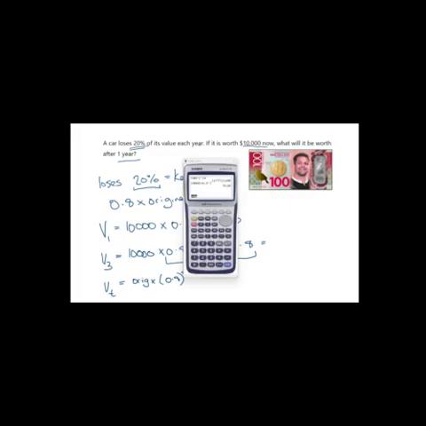So the calculator is 10,000 times 0.8 to the power of 3, $5,120.